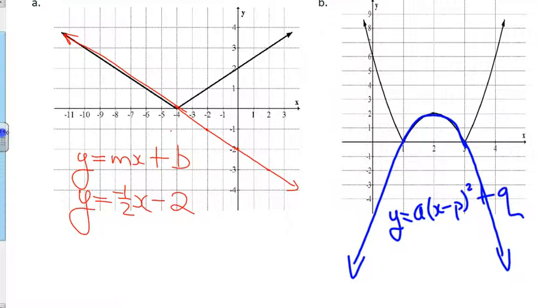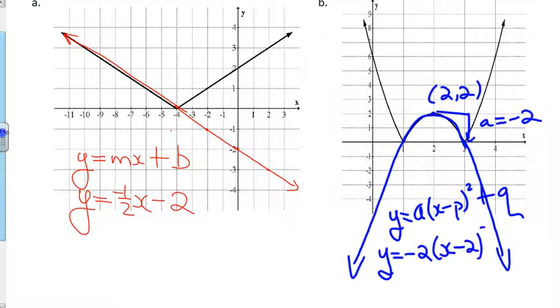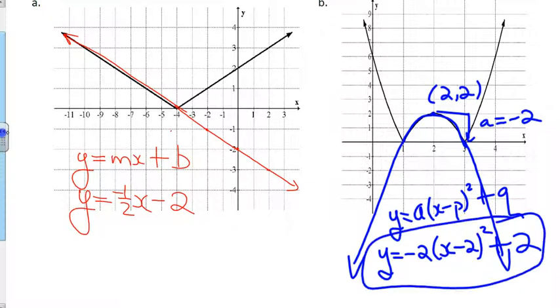In which case my vertex is now at 2, 2, and my a value is negative 2. So y is negative 2(x minus 2) squared plus 2.